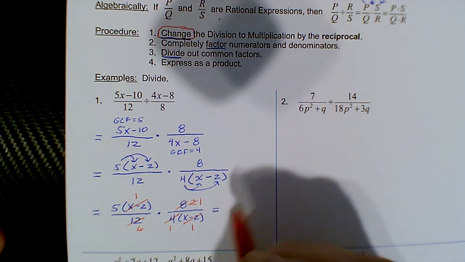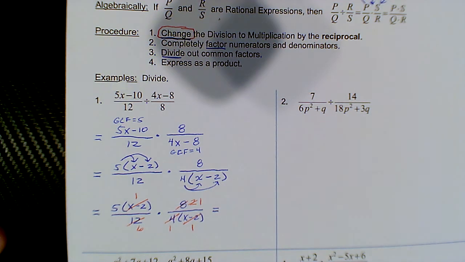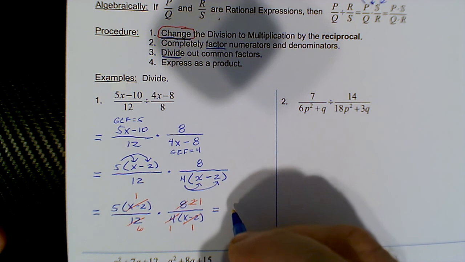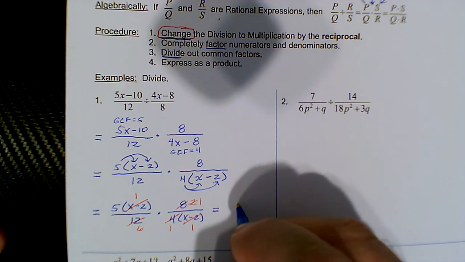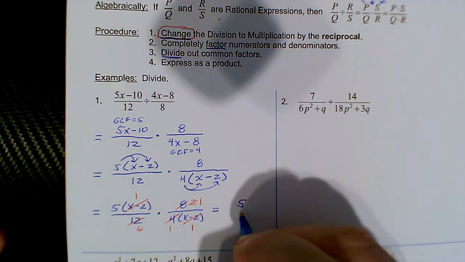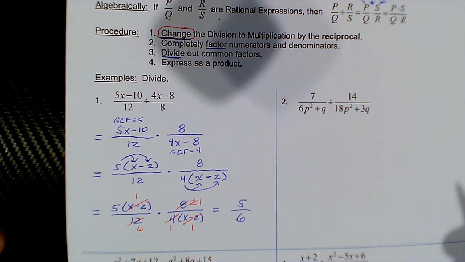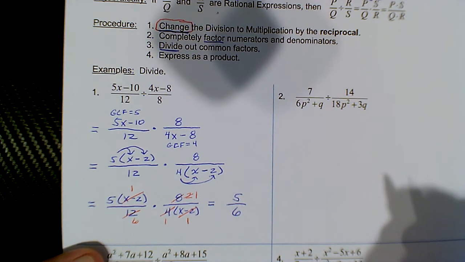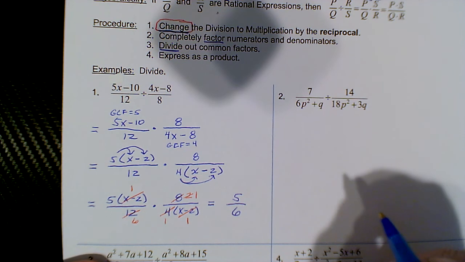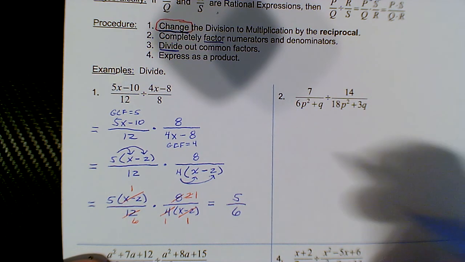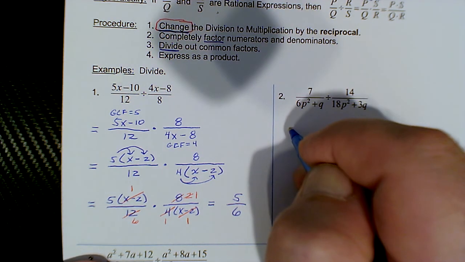And so it looks like the only thing that we're left with in the numerator is a 5. And in the denominator, the only thing we're left with is a 6. Okay, so it's pretty much the same as multiplication, just the one extra step first.